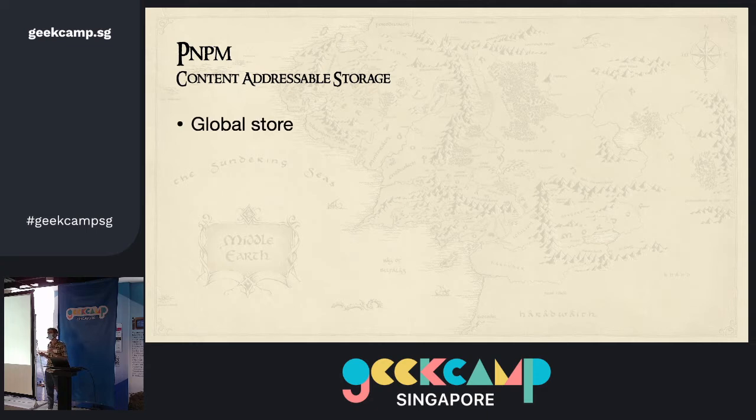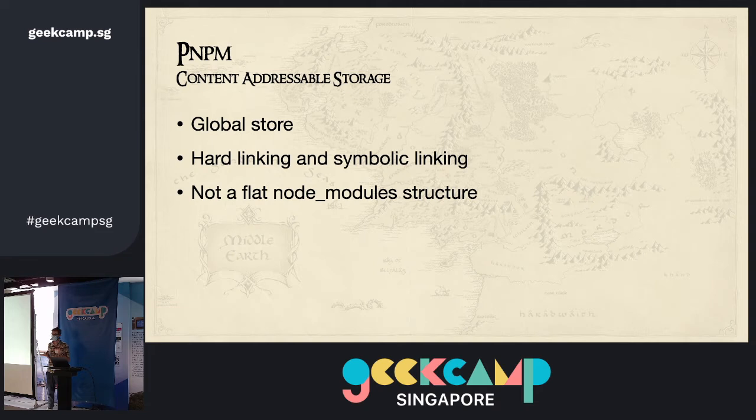So think of it as the global node_modules that you have on your laptop. And it uses hard linking and symbolic linking to point to a file somewhere in the system. So instead of copy-pasting everything like NPM does, you can just create symbolic links between your files. And a small difference from NPM, it does not use a flat node_modules structure.